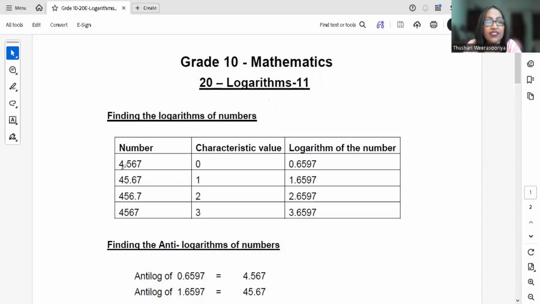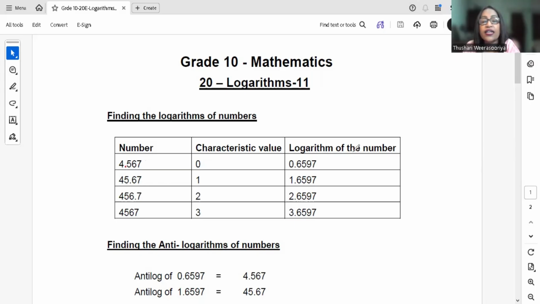The decimal place is after one digit, that is the standard form. The characteristic value is 0. We won't change it. If it is in another place, we will change it. I'll explain in the next example. Always the number should be a whole number, then the decimal, 567. Then the characteristic value is 0.